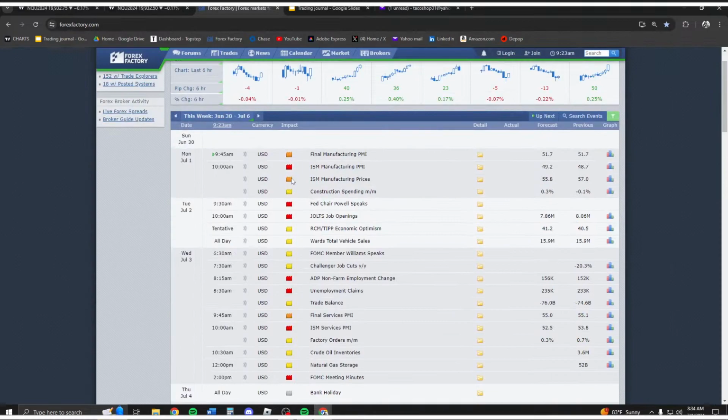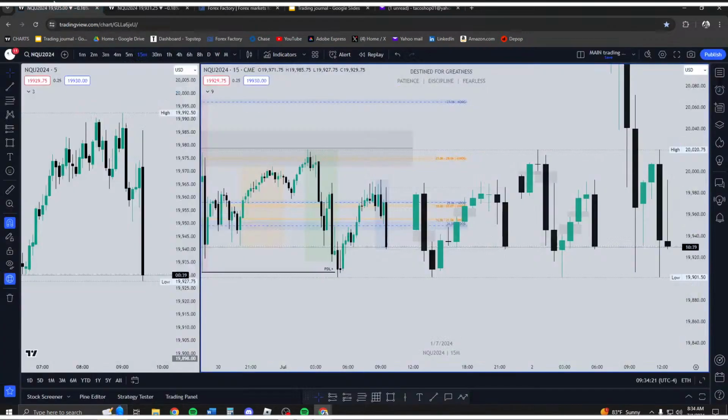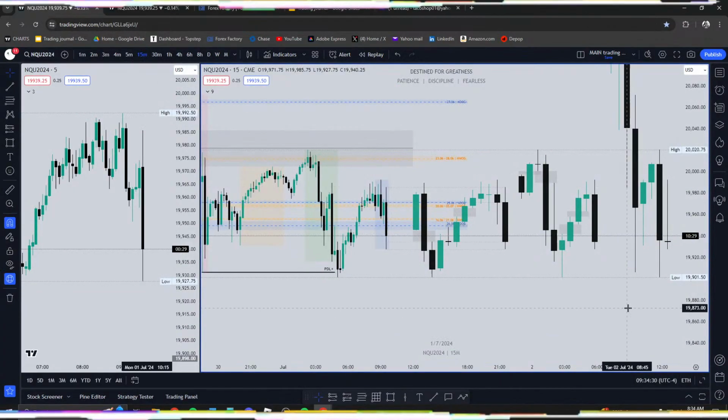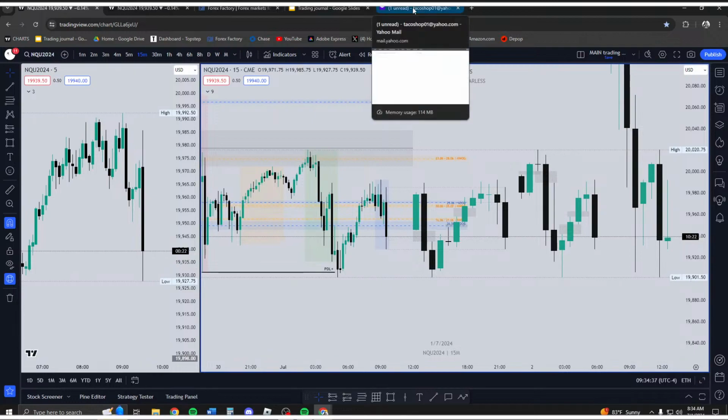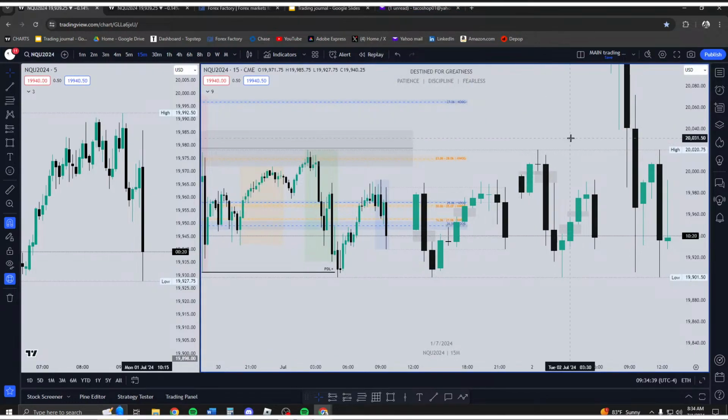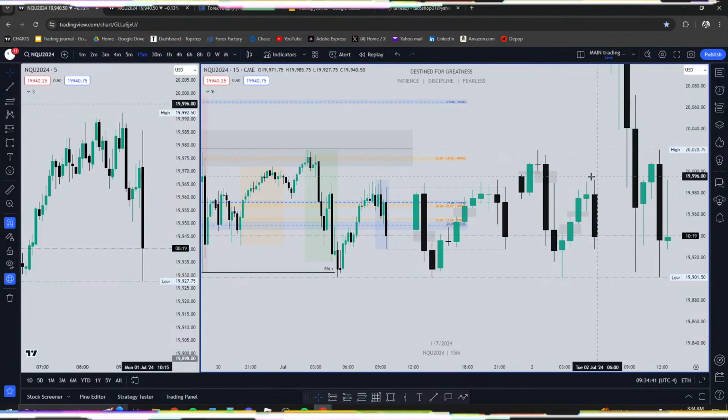So we do have news coming out at 10. So, like I said, I'm gonna wait till the 10 o'clock open to see where news takes us. But just tape reading as of right now for the first 30 minutes.